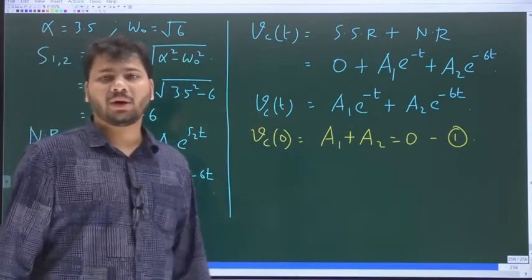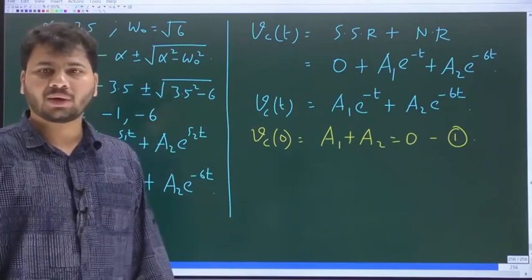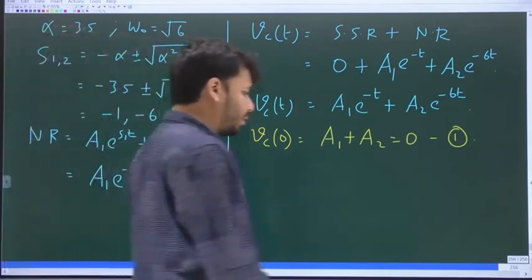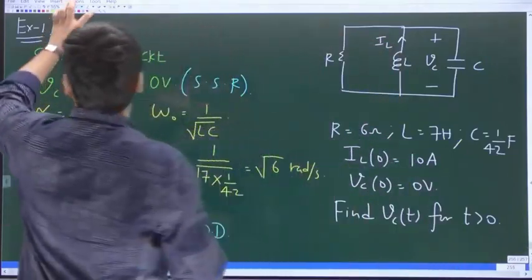In the same way, we need one more equation to be able to solve for A1 and A2. Now the way to get it is to go back to the circuit.